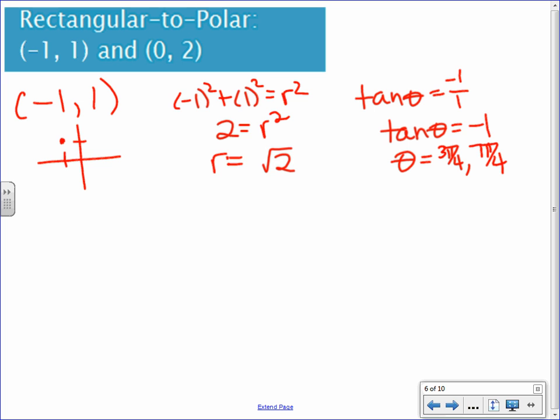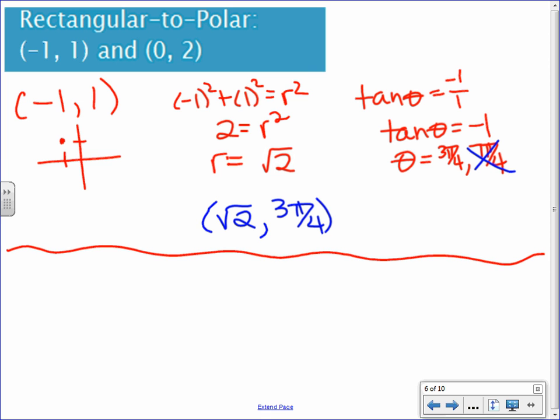We're going to keep them positive. Okay, now, what quadrant do we need to be in? The second one. So if we choose the positive radical 2 for our r, what angle do we need to pick? 3 pi over 4 would put us in that second quadrant. Brushing up on our trig again, right?